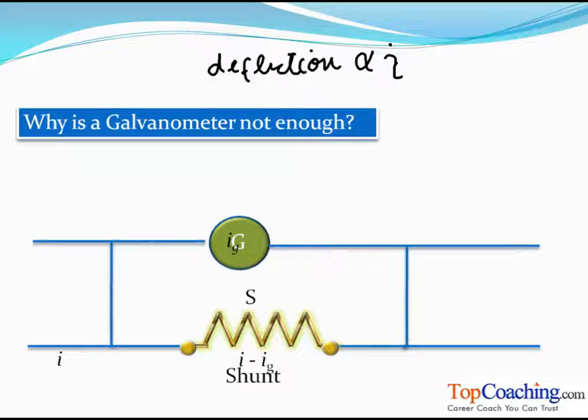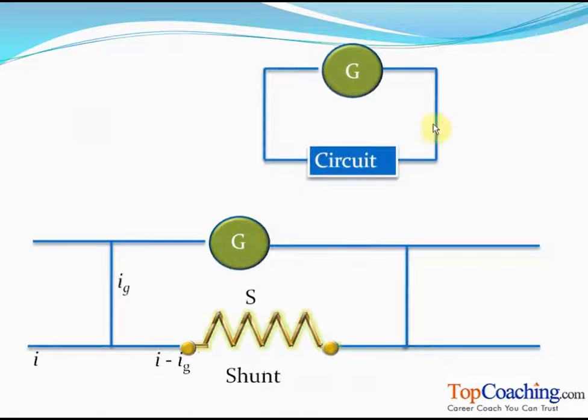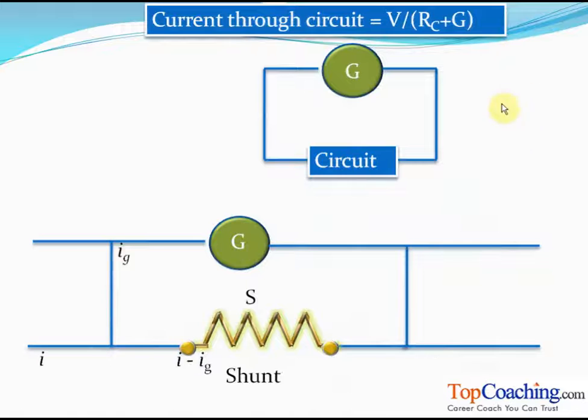You see, there's a small problem when we use only a galvanometer to measure current and when we don't use the shunt resistance. Let's see what that problem is by actually connecting a galvanometer in a circuit. Here we go. Circuit, galvanometer. Now the net current passing through the circuit when the galvanometer is connected is V divided by RC plus G, isn't it?